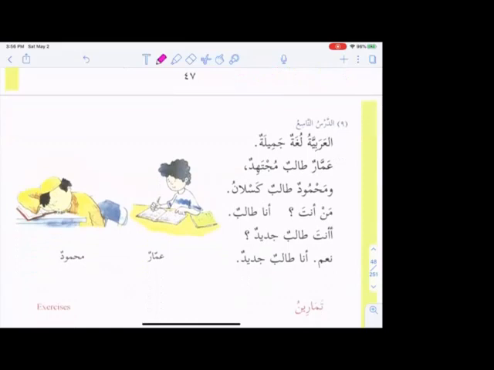Al-Arabiyatu. Oh, another beautiful sentence, my brothers and sisters. Al-Arabiyatu, the Arabic language. Arabic is a beautiful language. Remember, you will always be confused here. Al-Arabiyatu, the Arabic, is a beautiful language.